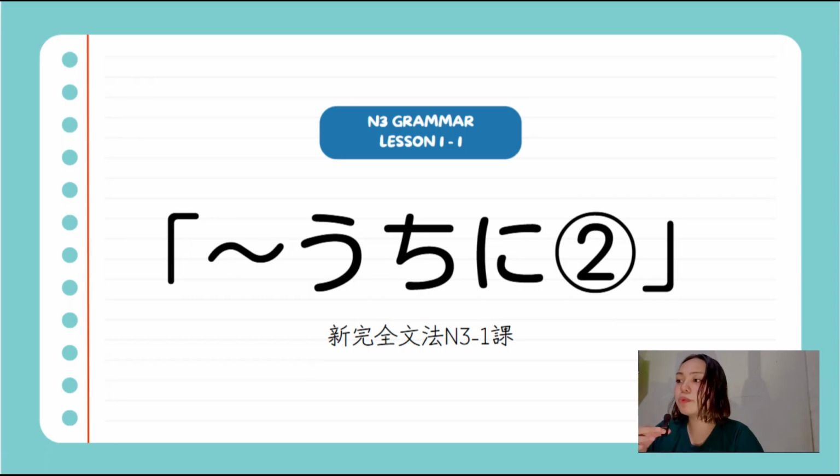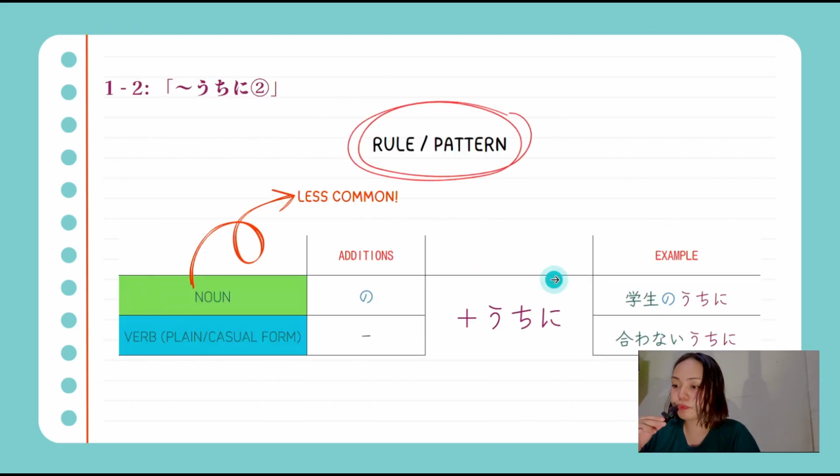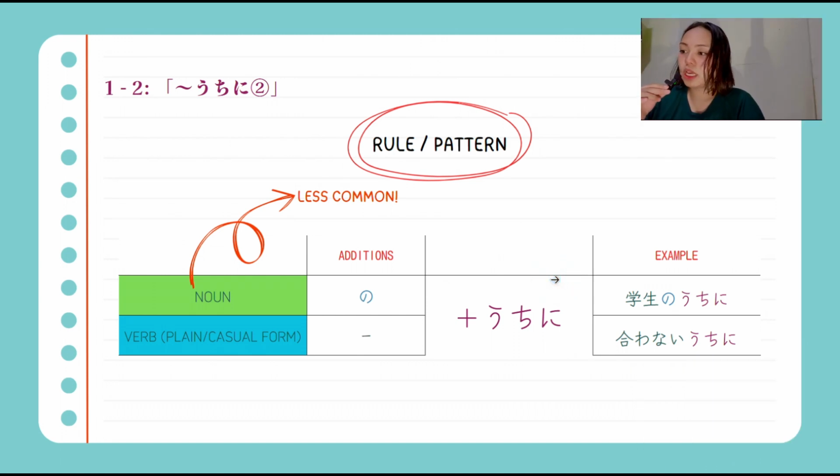Okay, so let's start with this uchini. Alright, so as I have told you, we're going to discuss the second usage of uchini. So as you can see here, we have uchini number 2. So this time, ano naman po kaya ang pattern na ginagamit ng uchini second usage na ito? Okay, so here, ang rule or pattern po natin dito, we only have two.